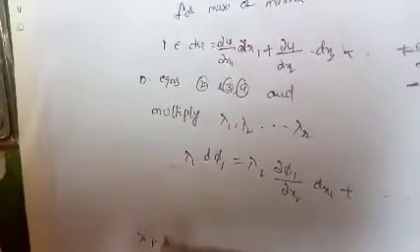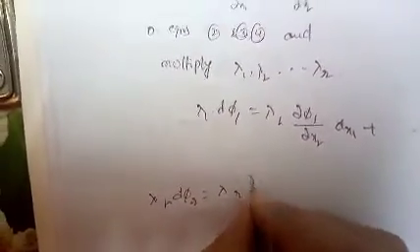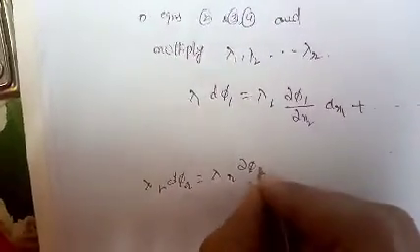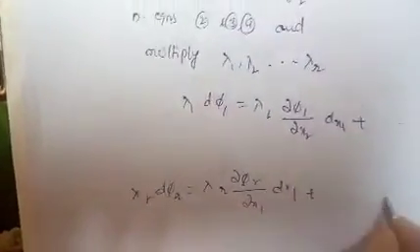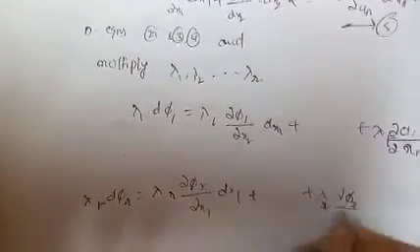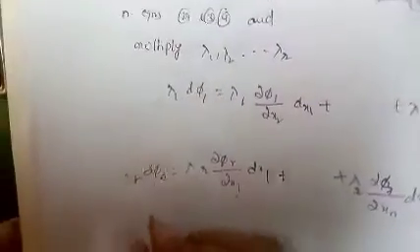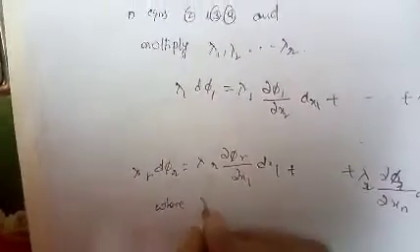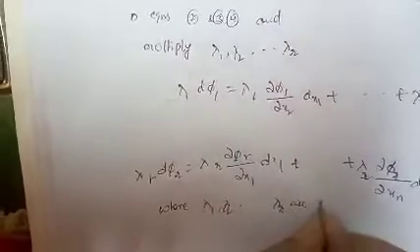Lambda r into derivative of pi r, what is the last equation, lambda r into dou pi r by dou x1 into dx1 plus and so on plus lambda r into dou pi r by dou xn into dxn equal to 0. So where lambda 1, lambda 2 and so on lambda r are what? Multipliers.